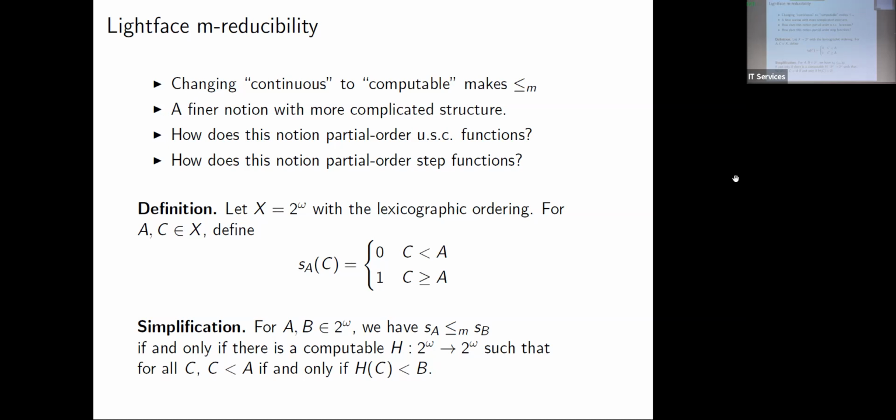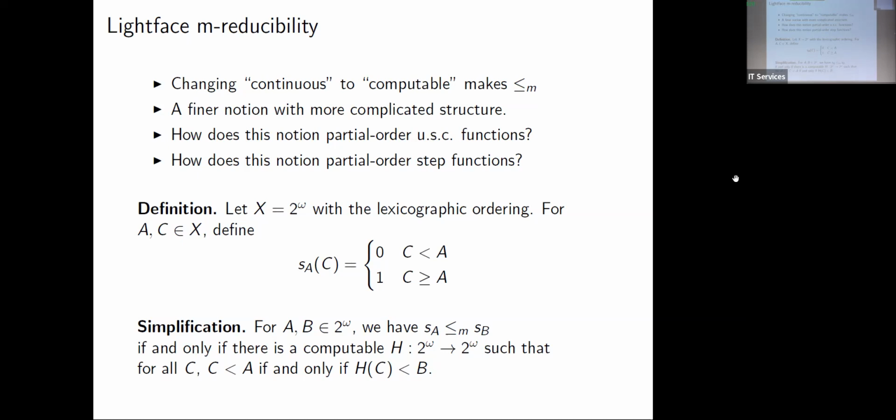In that situation, let's define the step function at a so that it's 0 as long as you're less than a, and then once you get to a, it jumps up to 1. This is a very simple kind of upper semi-continuous function.